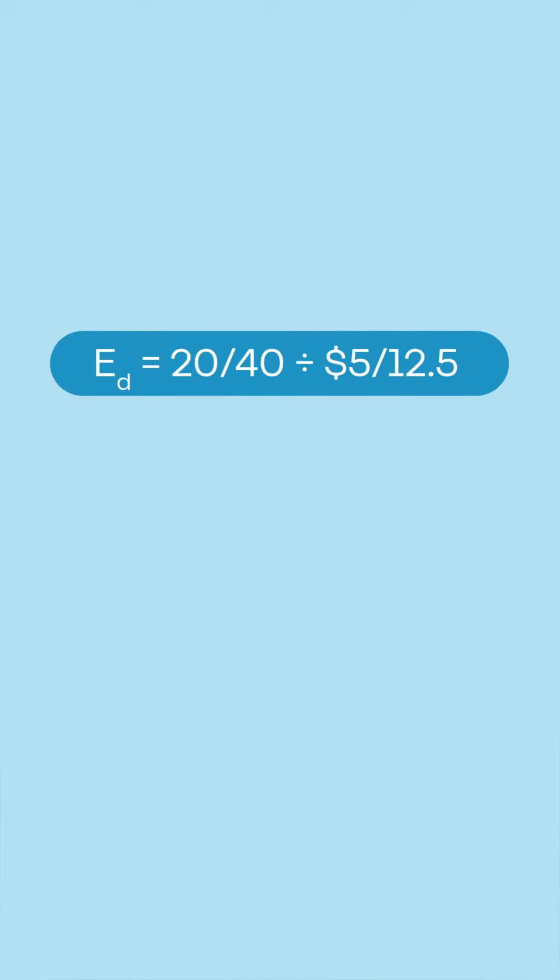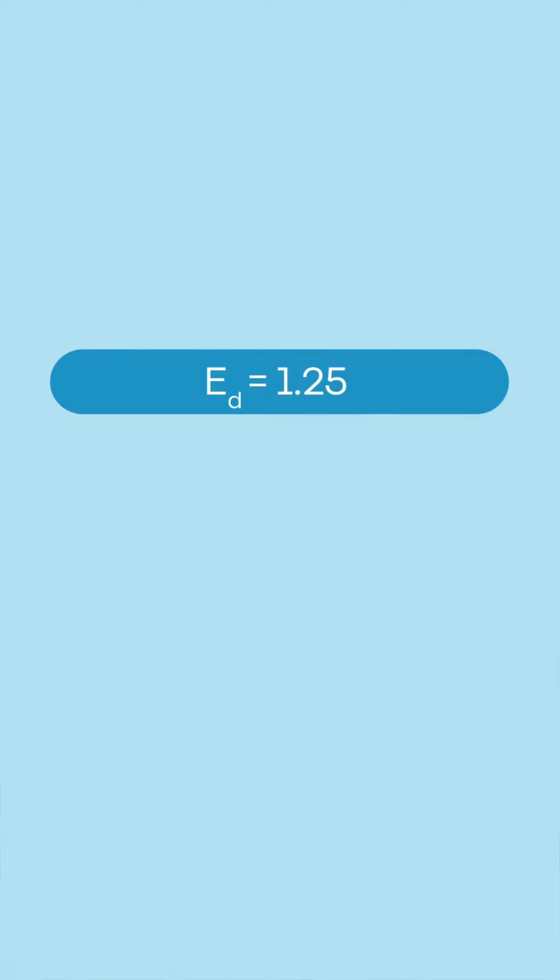That simplifies to 20 over 80 divided by 2, or 20 over 40, divided by $5 over $25 divided by 2, or $5 over $12.50. Work it all out and you get 1/2 divided by 2/5, or 5 divided by 4, equaling 1.25. This is called the elasticity coefficient.